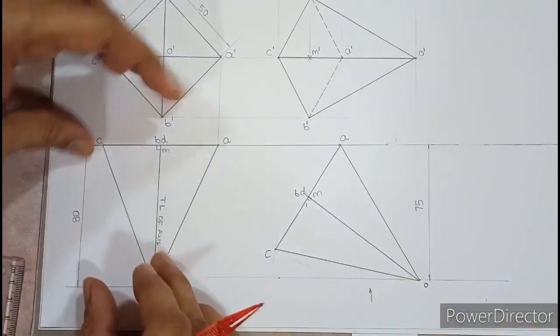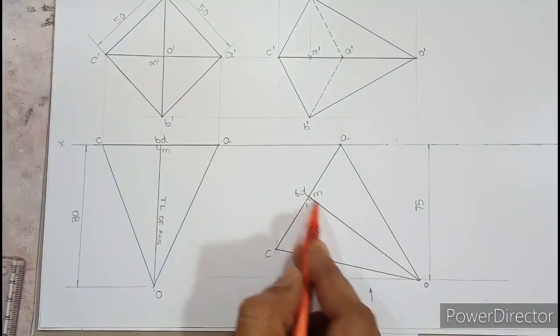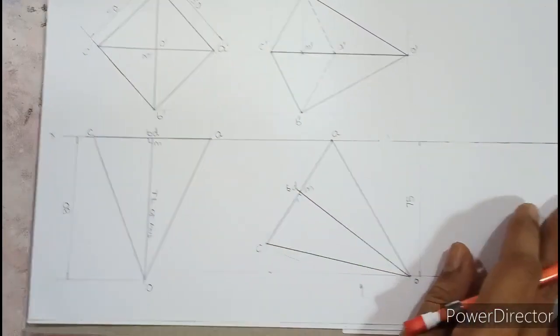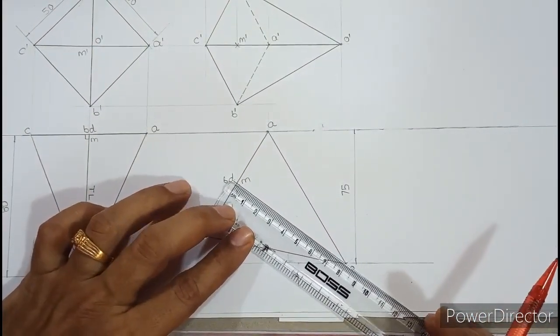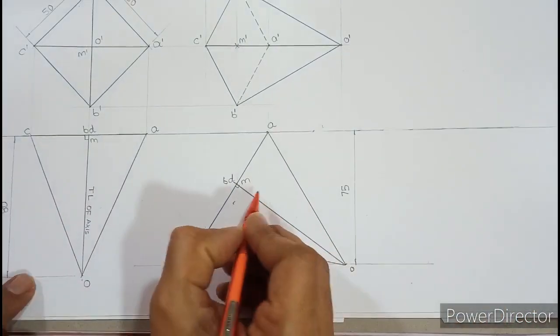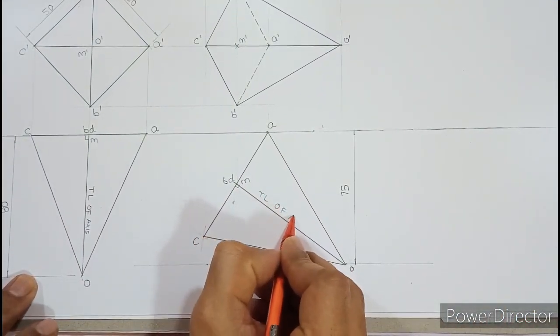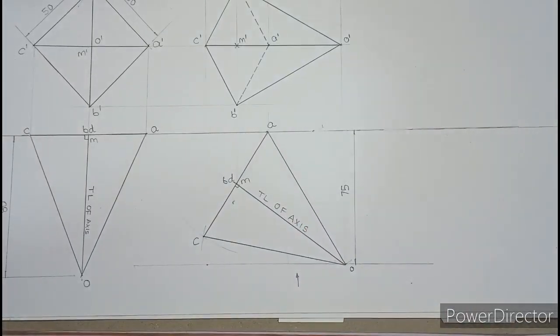Now when you tilt this diagram in the second stage, is this still the true length or is it reduced? Because I told you the shape and size remain same, so this is still our true length. So if you check this dimension, oh, it is still 80. So this is nothing but true length of axis.